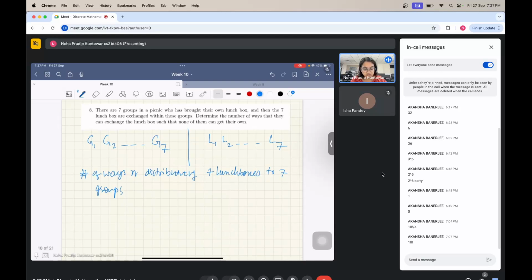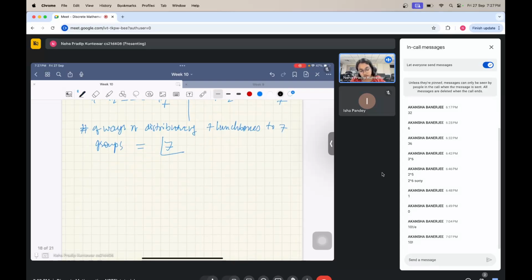So this is nothing but 7 factorial, because the first lunch box can go to any of the 7 people, the second one can go to any of the 6 remaining people, and so on. And again, this is your classical derangement problem, where Ai is the event that group Gi gets their own lunchbox.